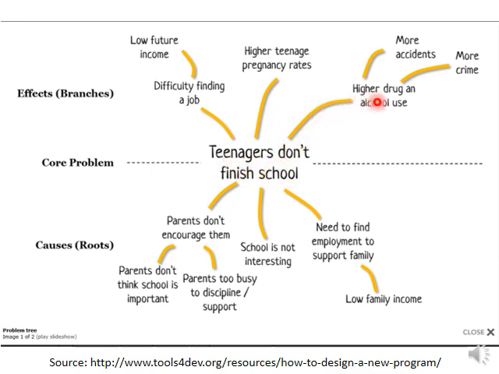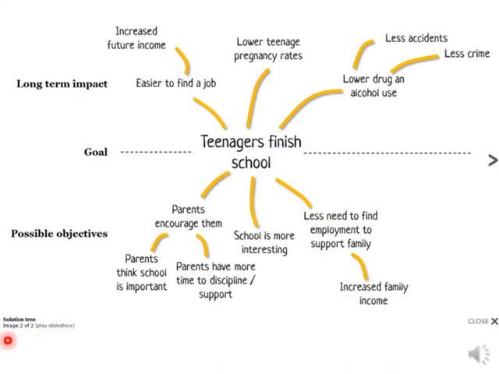And then lastly, teenagers who don't finish school tend to have higher drug and alcohol usage. And this in turn causes more accidents and causes more crime. So this is a problem tree with the core problem being teenagers not finishing school.